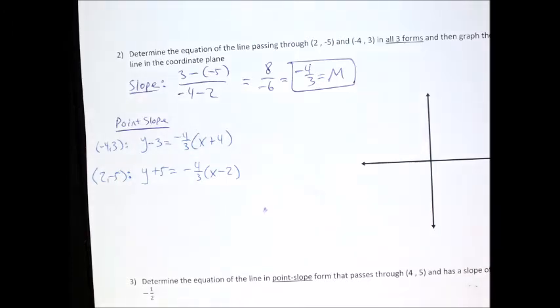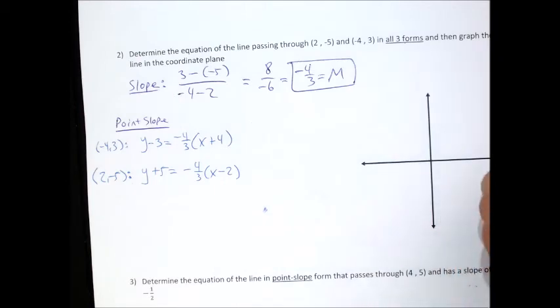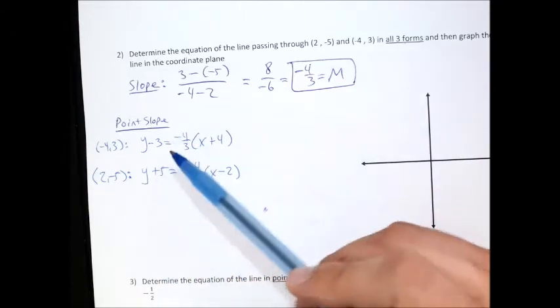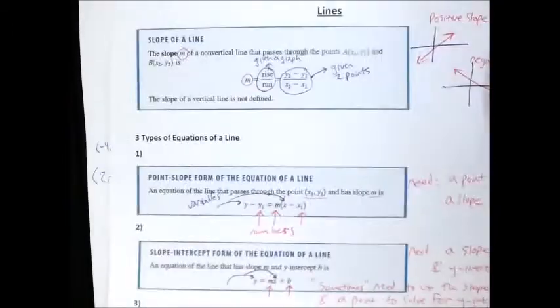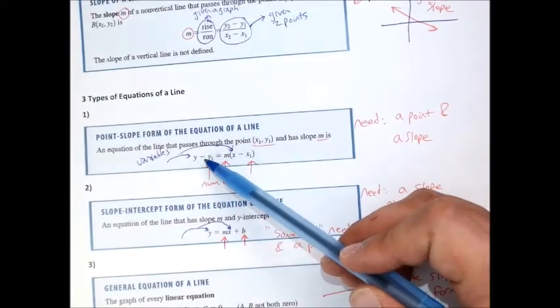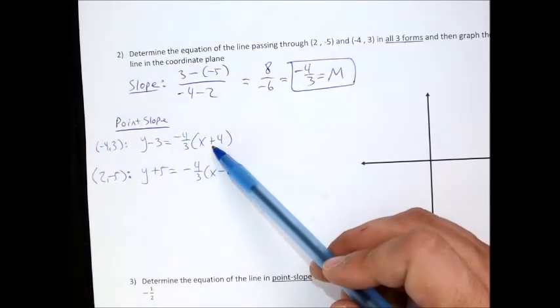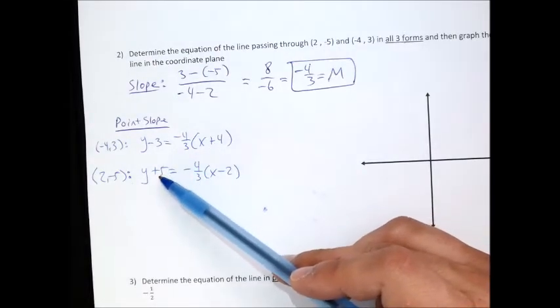And both of those are the same line. They look different, but they're actually representing the same line, just going through two different points on the same line. Now my question for you real quick is, where did that plus come from? It looks like when you look at the equation, it should be y minus y1 and x minus x1, but I've got a plus 4 here and a plus 5.